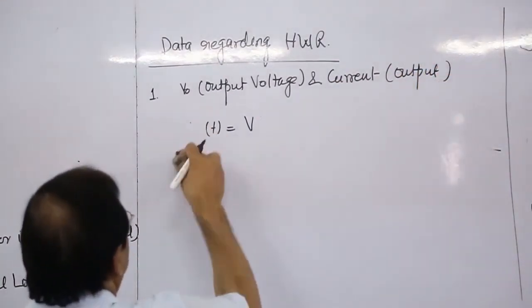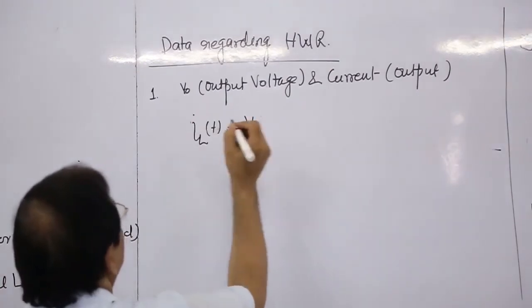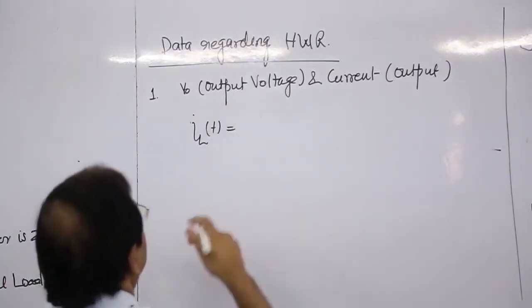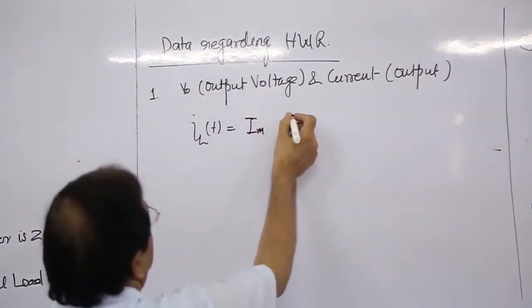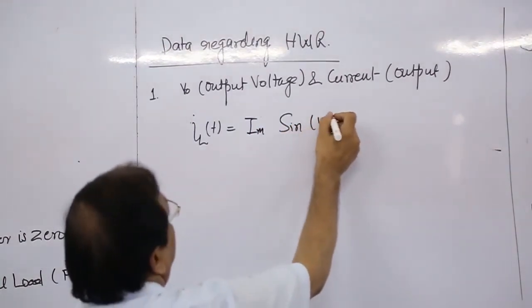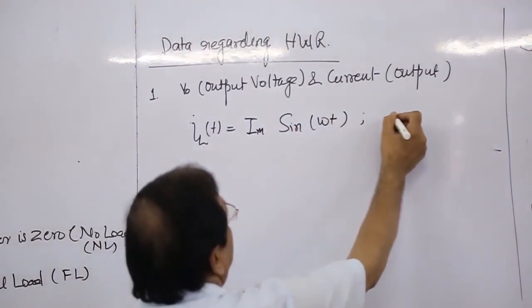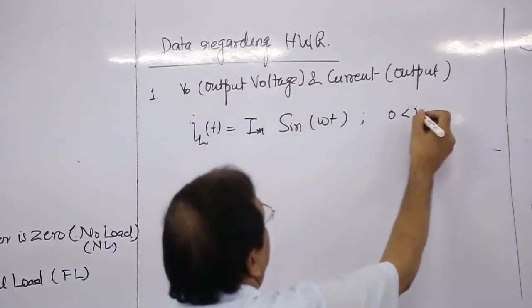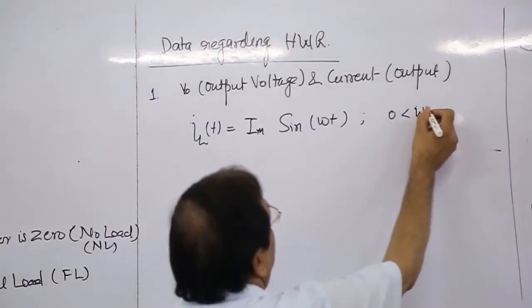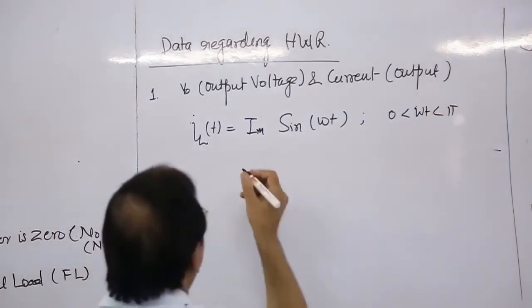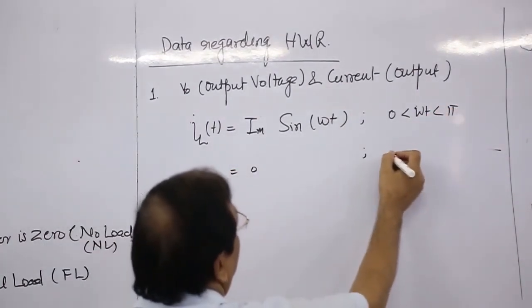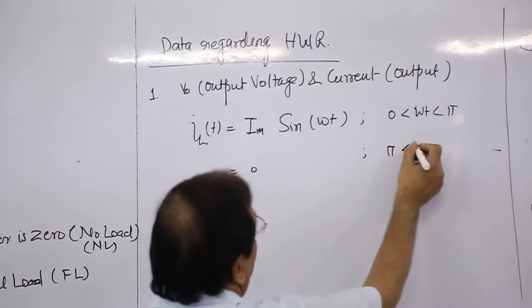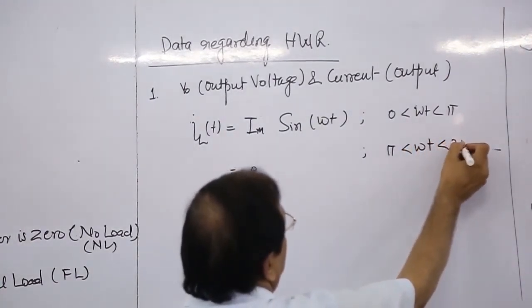So, this I load is Im sin omega t for omega t from 0 to pi, and this is 0 when omega t is from pi to 2 pi.